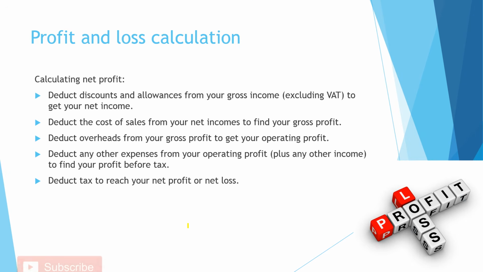Profit and loss calculation. How would we calculate our net profit? The first thing we would do is deduct discount and allowance from your gross income, excluding VAT, to get your net income. Once we have our net income, we deduct the cost of sales from your net income to find your gross profit.